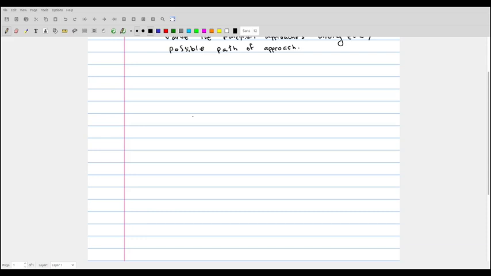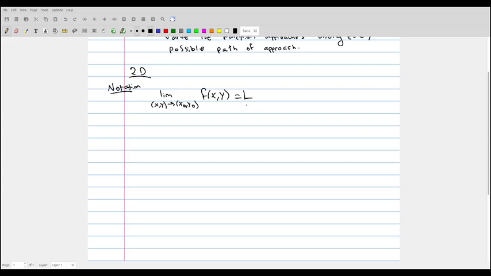So for a function of two variables, the notation for writing down a limit: we say that the limit as x and y approach the point x naught, y naught of some function of two variables, f of x, y, is equal to L if the limit exists.